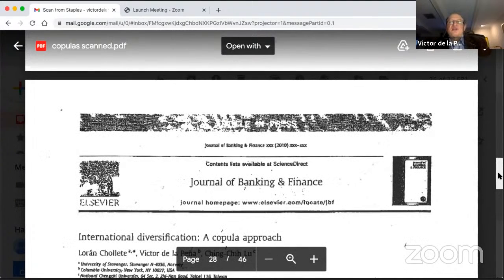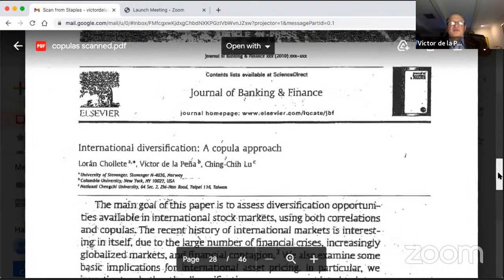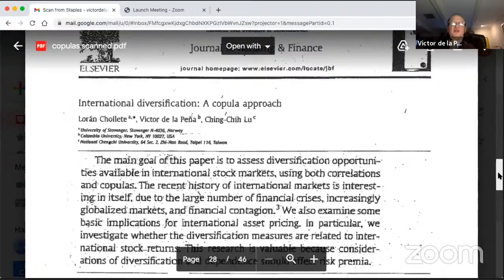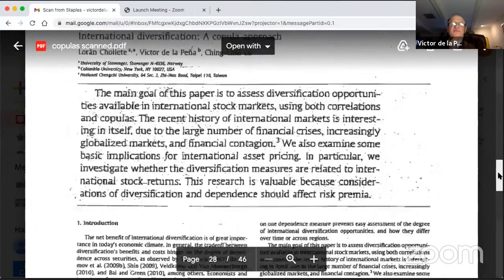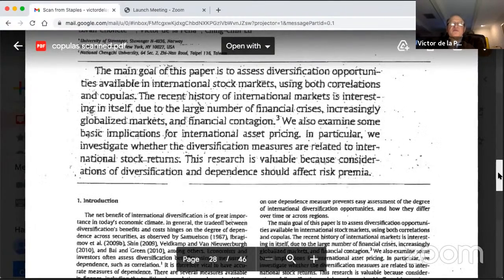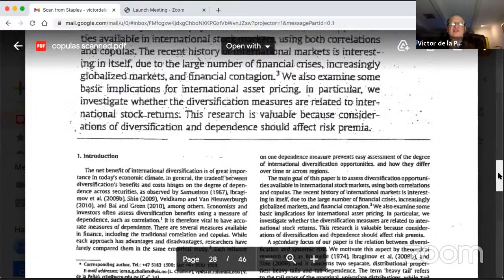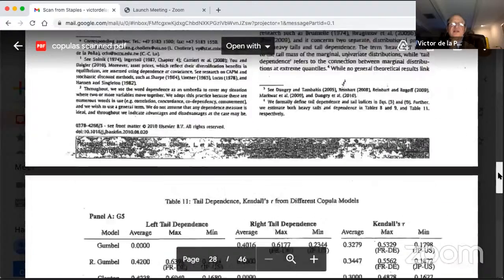Now I'm just showing you again the paper that I wrote, just for banking and finance. This is just the heading.